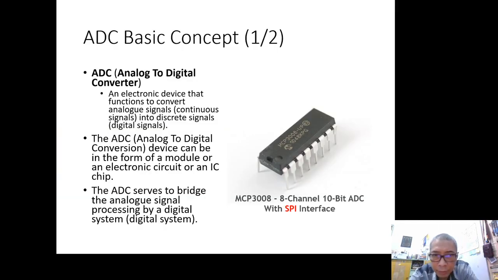So what is the ADC? ADC stands for analog to digital converter, an electronic device that functions to convert analog signals or continuous signals into discrete signals, or we can call them digital signals. Analog signals are in continuous format, but digital signals are discrete and in digital form.